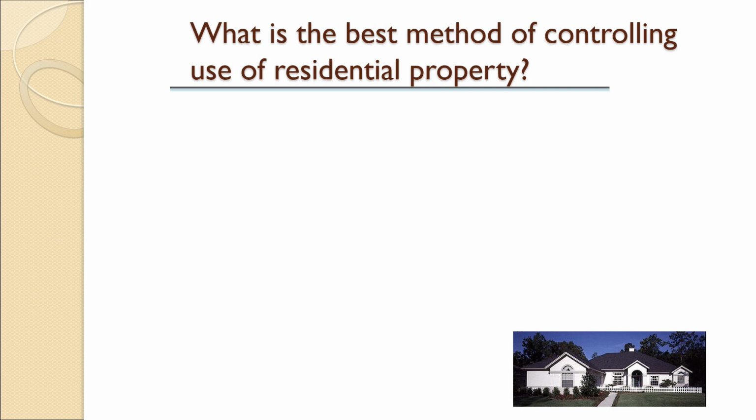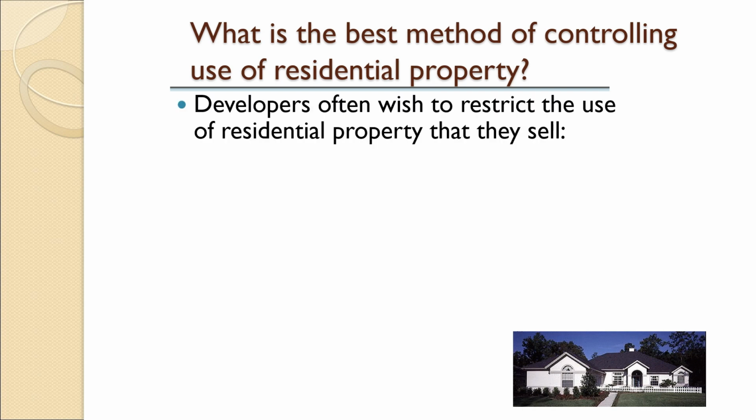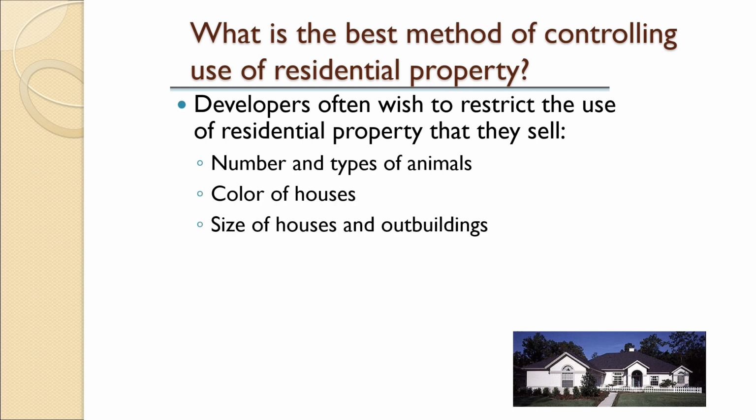What's the best method of controlling the use of residential property? Developers who build houses in subdivisions often want to restrict the use of the property that they sell. Some of the restrictions I'll just list here as examples. They want to restrict the number and types of animals that can be kept on the property, the color of the houses, the size of the houses and outbuildings, maintenance of landscaping.